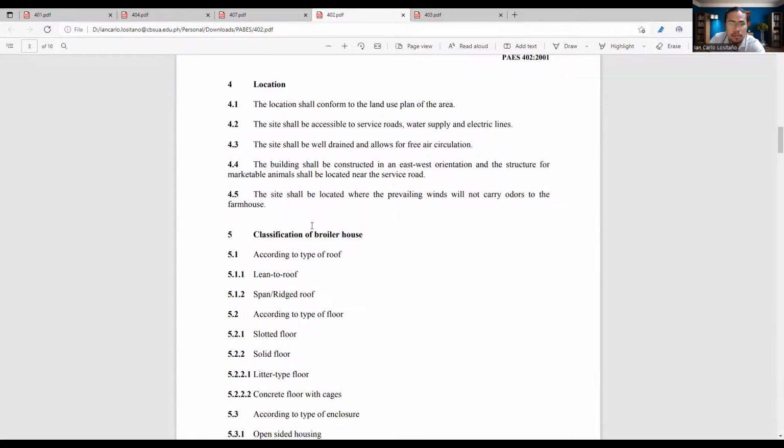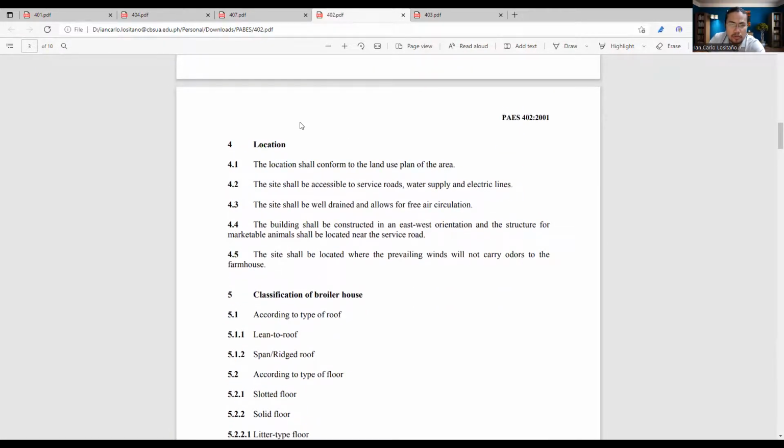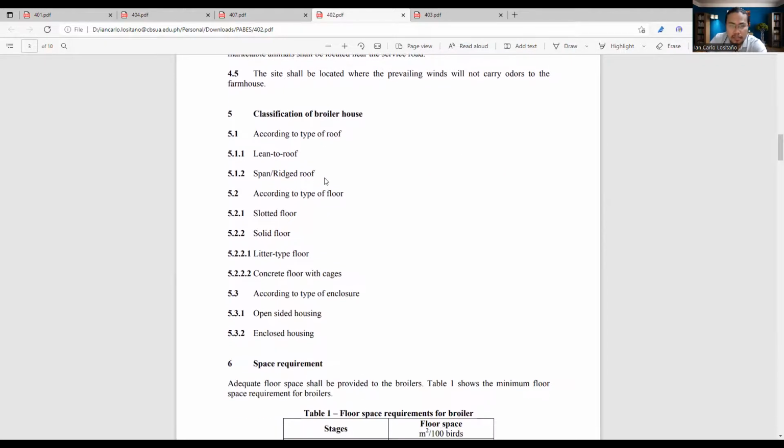So same considerations for the location: conform to the land use plan, accessible to service roads. You have the same actually because this still is an animal housing. The classification could be similar still, but you have your classifications according to type of roof, type of floor, and according to type of enclosure.